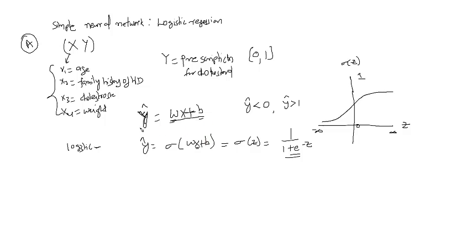So how is this equal to our simple neural network? We can represent it with inputs x1, x2, x3, and x4, and one output.